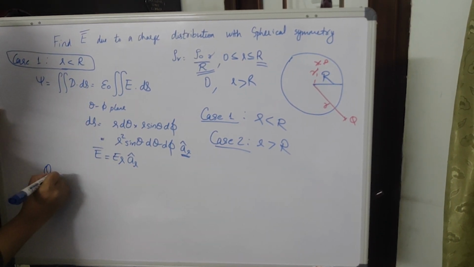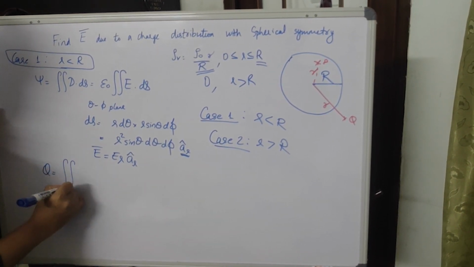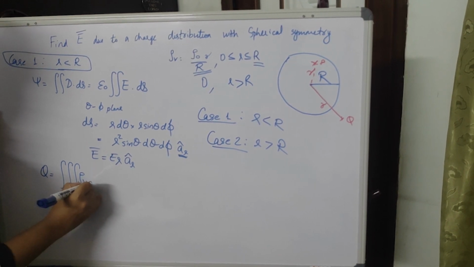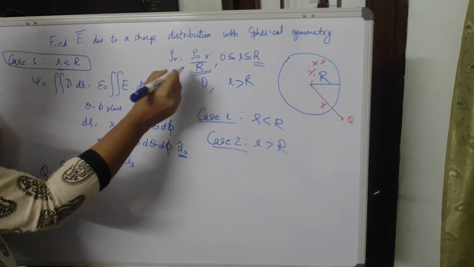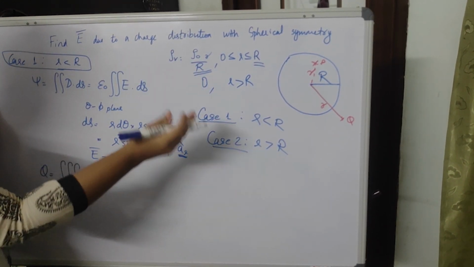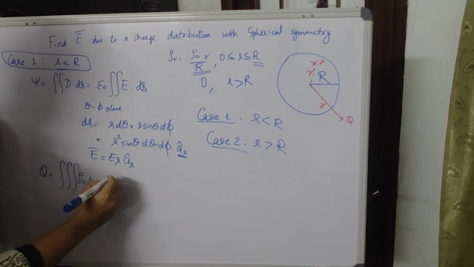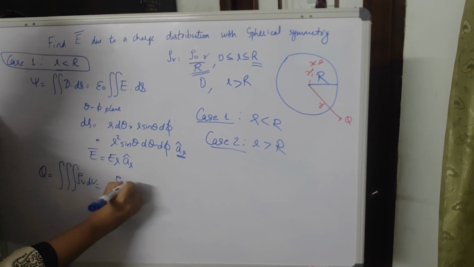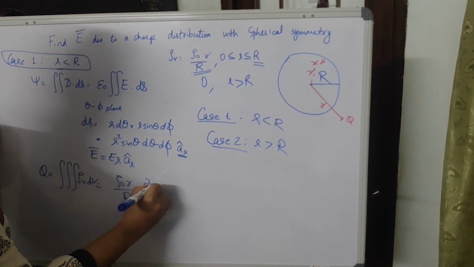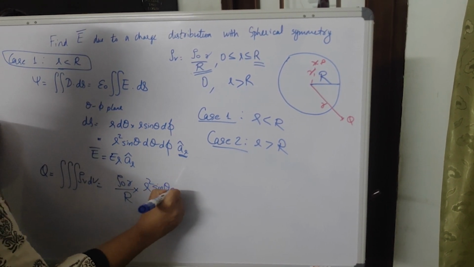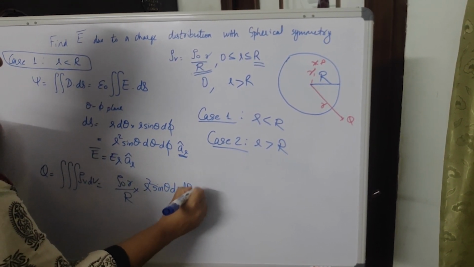Now coming to the charge Q, it is the volume integral of rho V dV. Again, rho V, when r is less than R, is throughout this charge density, so you don't have to take any other case. It will be rho naught into r by capital R into dV, which in spherical coordinates is r square sin theta dr d theta d phi.